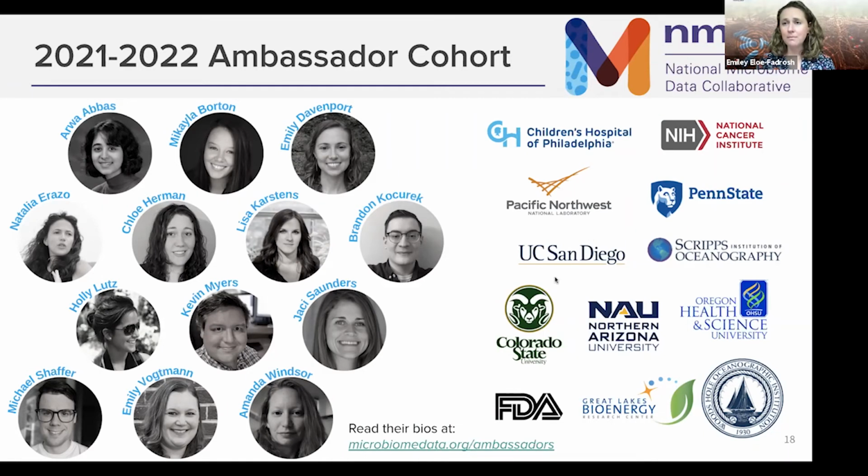They're gearing up in the next couple months to do some really exciting training activities as part of their involvement in the ambassador program. So if you see any of these training activities within your organization, I'd really encourage you to attend. It's really exciting that we have such a fantastic cohort of ambassadors who are really pushing on the importance of metadata and standardization, both in their work and more broadly within the research communities they work with.